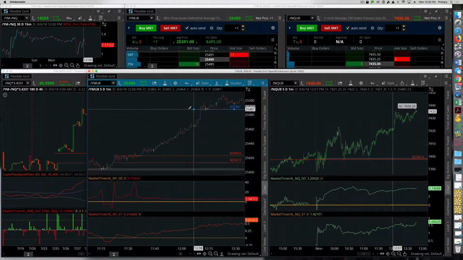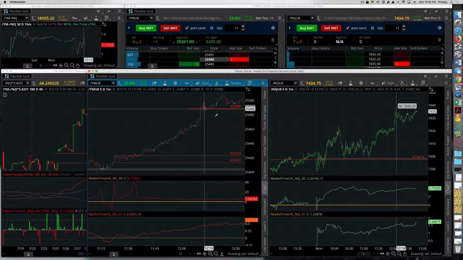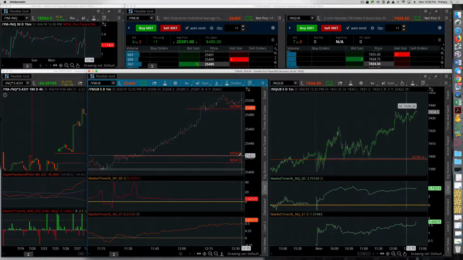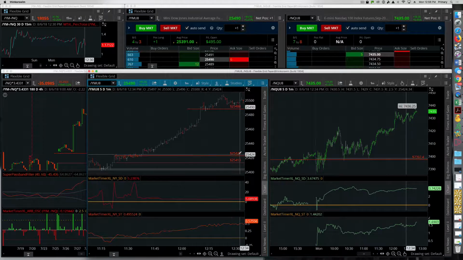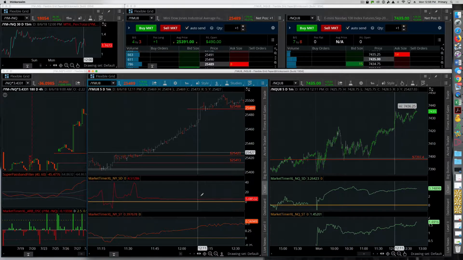Just use your common sense: if you start to see a reversal bar, it's a good time to take your profit right there. So let's say you rode it up, it came back down, and it closed on that low at 25,488. So you've got close to 65 points here. Even if you bought at the top of that range, it's 65 points in profit.